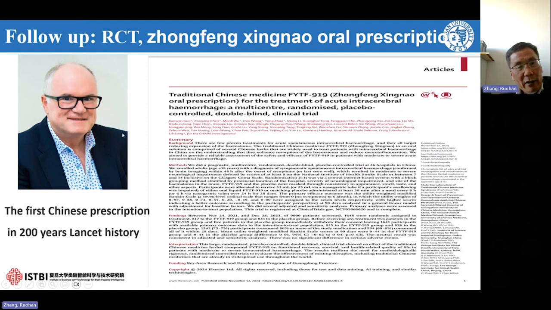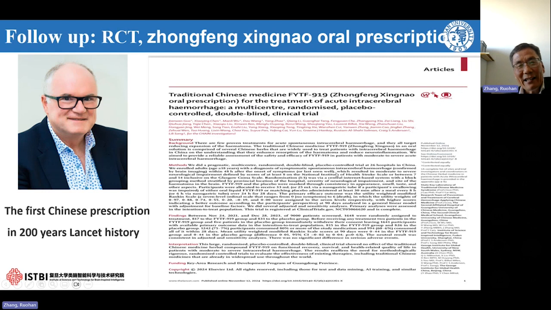Yeah. Very interesting. I show you one slide here. That's one of my colleagues in our institute. They just published a paper last year in Lancet, actually the first Chinese prescription in 200 years of Lancet history. And what they proved is that one of the traditional Chinese medicines, a drug called 中风醒脑, is essentially a placebo.